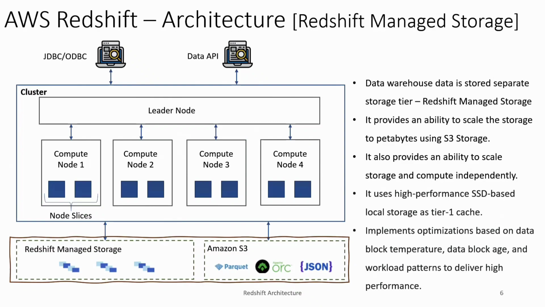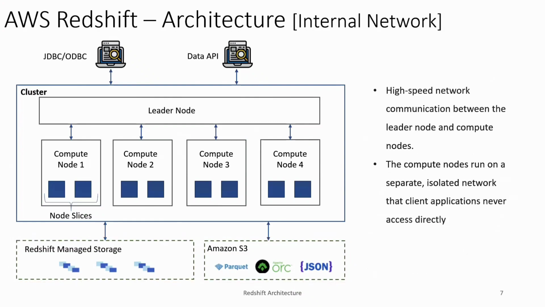Okay, it implements optimizations based on the data block temperature, the data block age and workload pattern to deliver high performance. Okay, as I always explain, we see this is storing data at high speed.